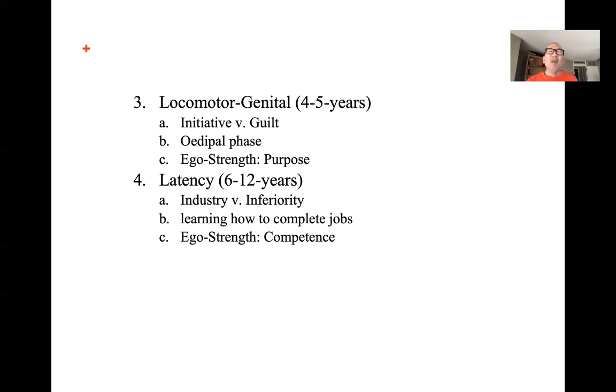The idea that they can learn certain things and be good at something. And this is something that a child will experience in a substantial way for the first time between ages 6 and 12, which is like 2nd grade to 6th grade, something like that.